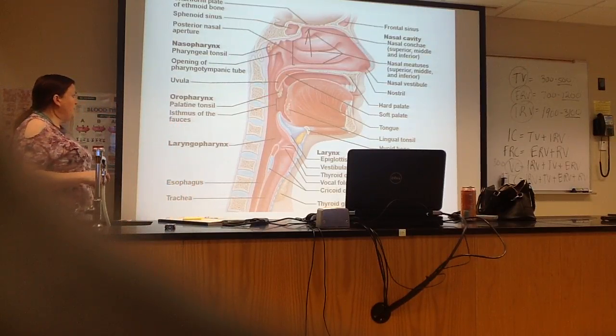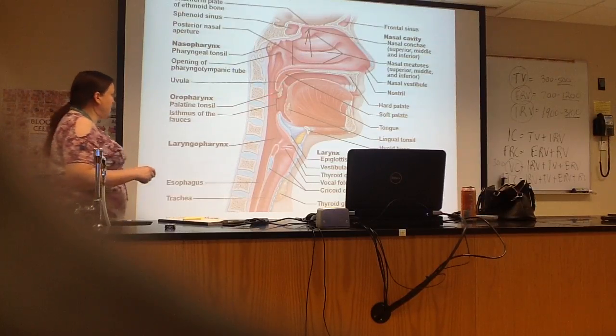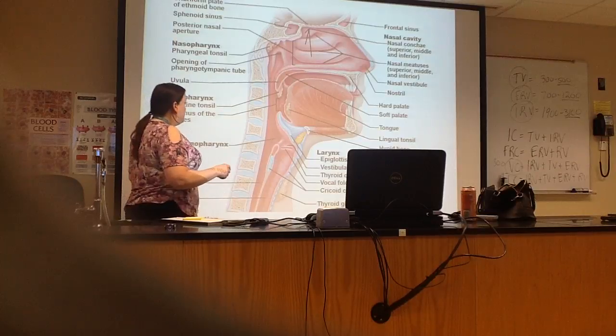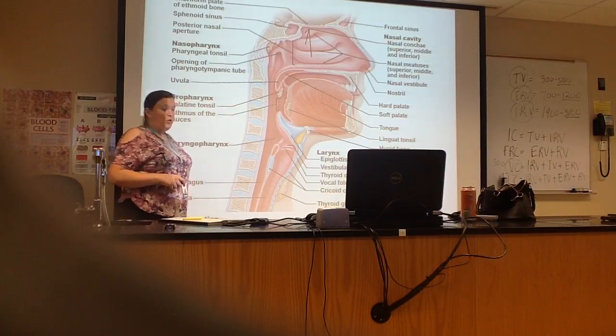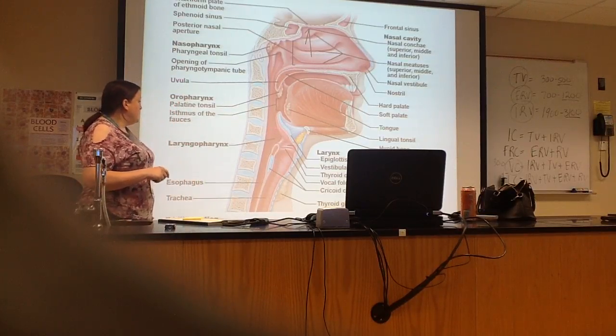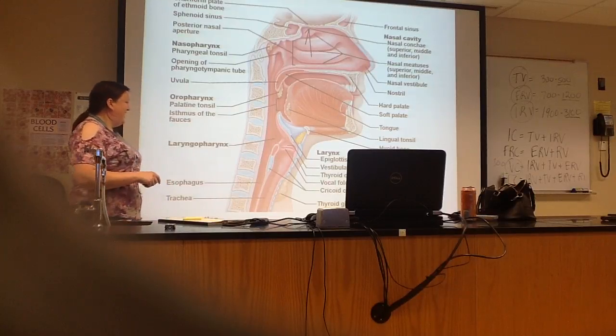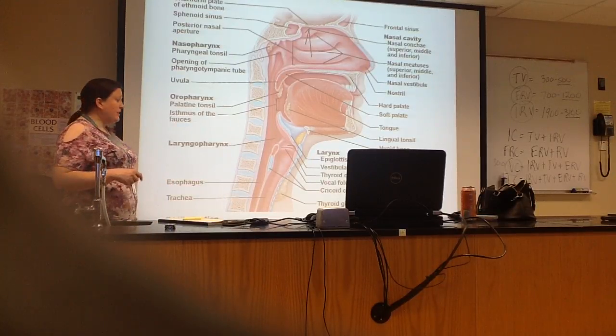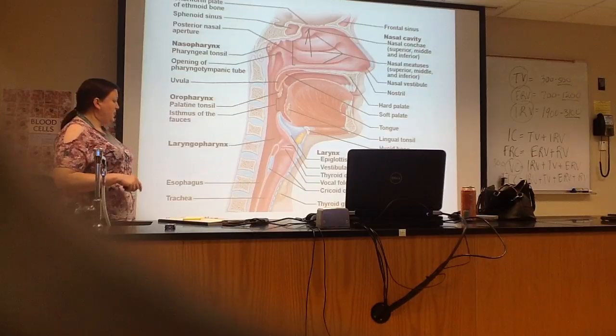Down here's the oropharynx. Which tonsils are these? Palatine. And then at the base of your tongue, this would be? Lingual. This is the laryngopharynx behind the larynx. And then this tube is the? Esophagus. Under the larynx is the?